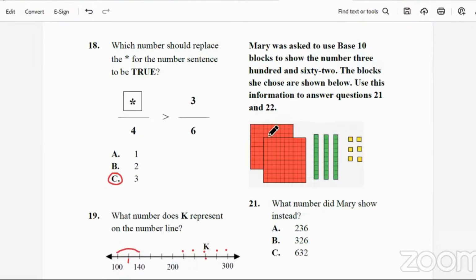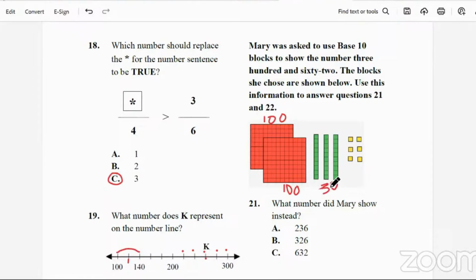From our previous activity, we know that each of these red blocks represents 100. So this would have been 200. This is 100 right here, and this is also 100. That's the second one. And then we have 3 sets of 10. So that's 10, 20, 30.